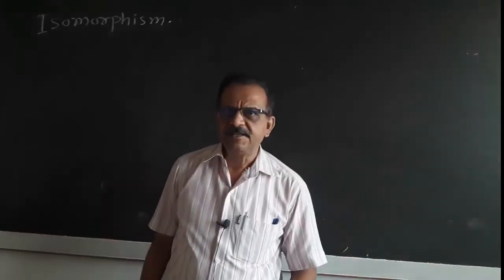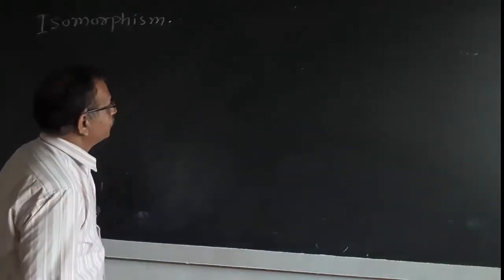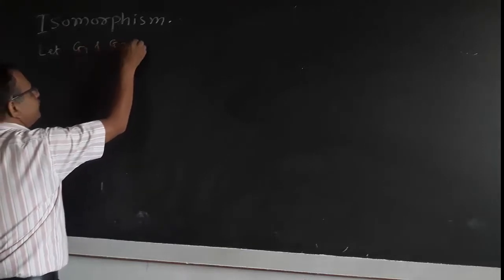Now, let us define isomorphism between two graphs. Let G1 and G2 be two graphs.